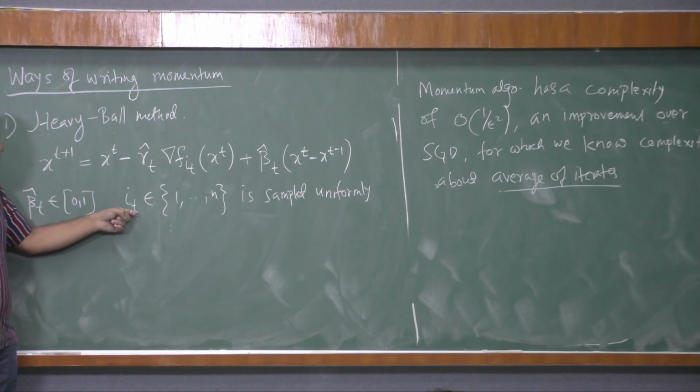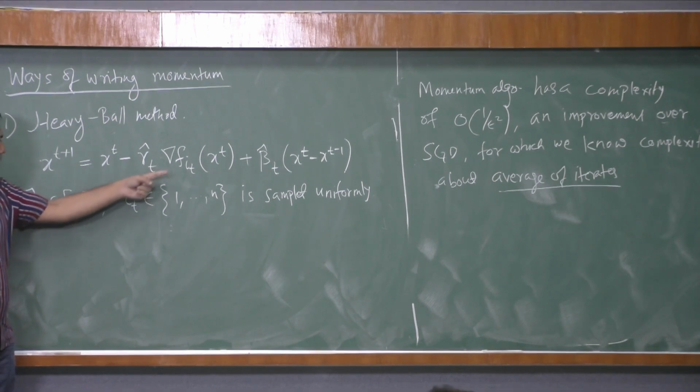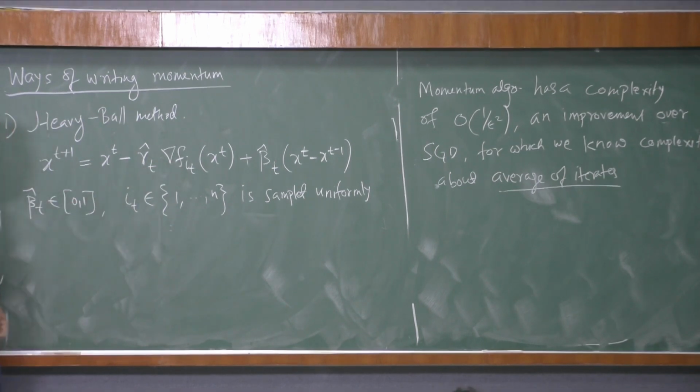Right now we are not considering the batch format, we are considering the batch size to be 1, so we just take one sample and compute the gradient at a time.